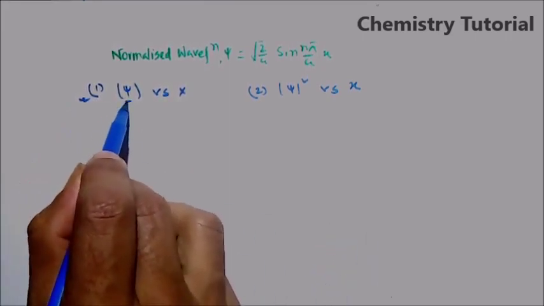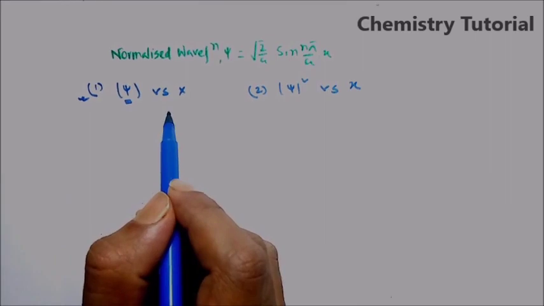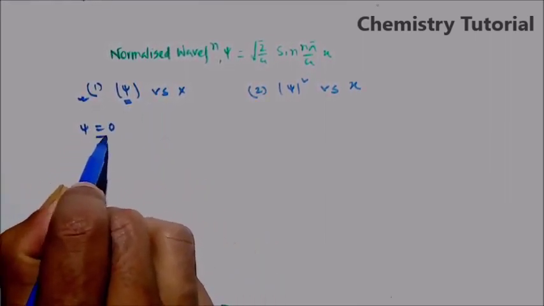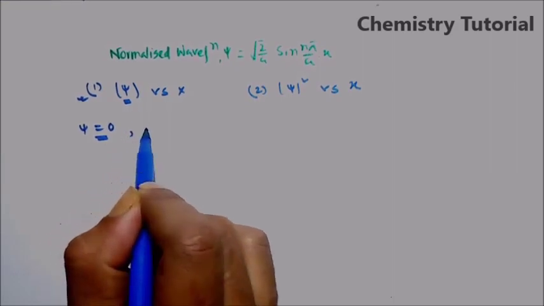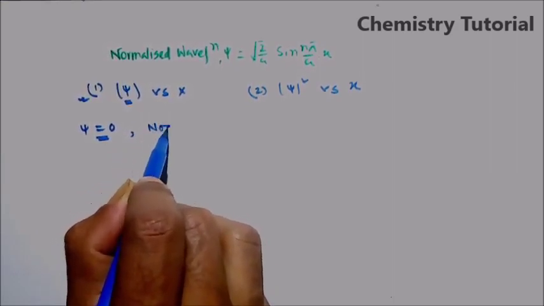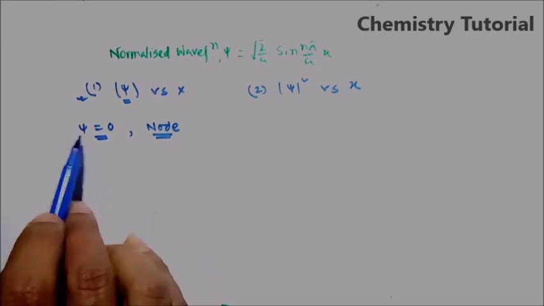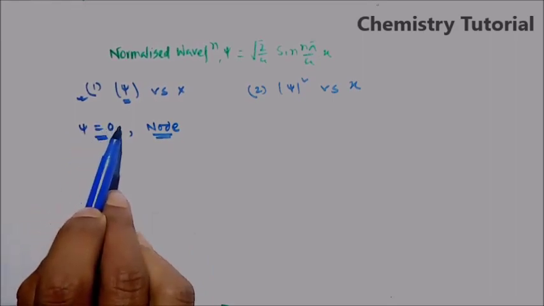So for psi we know that where psi is equal to 0, we say that a node exists for the wave function. So for a node the psi has to be 0.